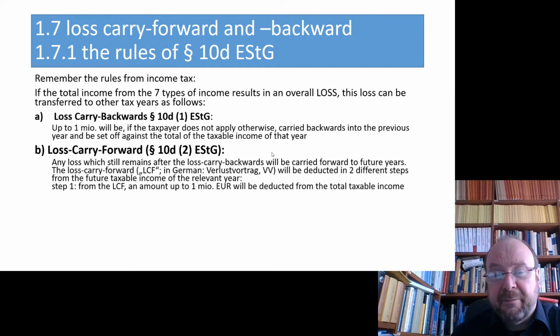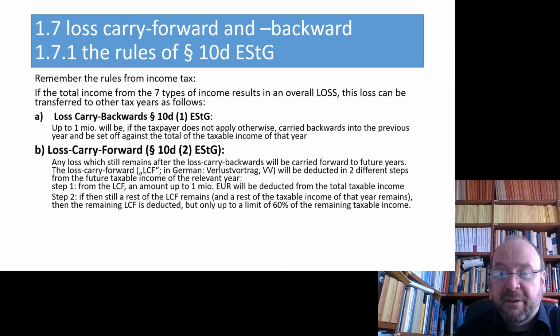That loss carry forward is under German law done in two different steps. First, up to 1 million losses can be deducted completely from the total taxable income of that future year.